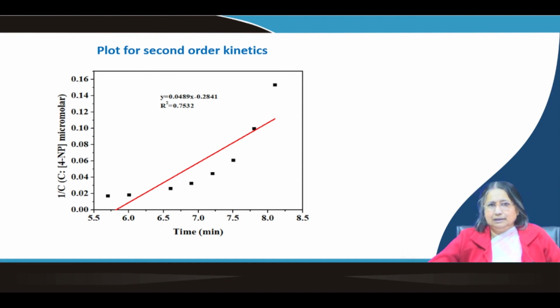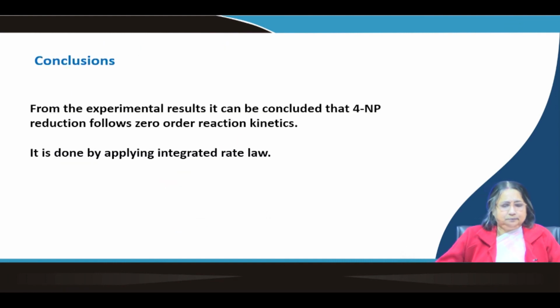So, I think this is one good example to determine the order for a particular reaction. Now, from this lecture we have learned that the 4-nitrophenol reduction follows the 0 order reaction kinetics, and it is done by applying the integrated rate law.